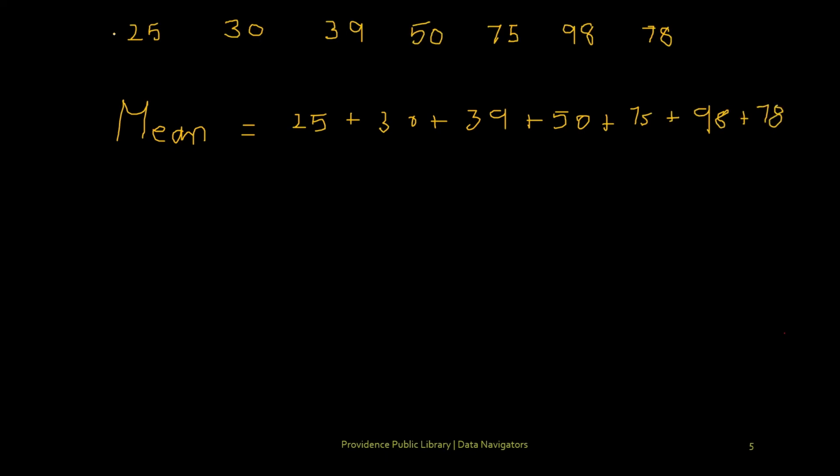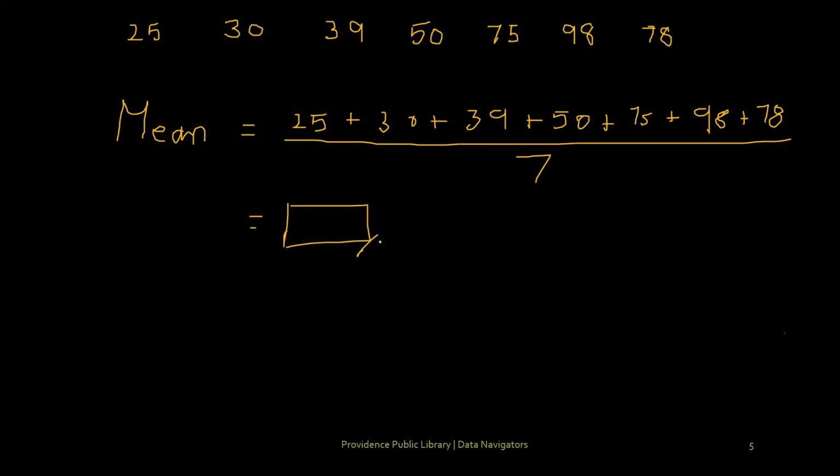So we add all the data points and then we divide by the number of data points, 1, 2, 3, 4, 5, 6, 7. So we add all of them and then we divide by 7, and whatever the result that we get, that is the mean. If you closely examine this one, this is nothing but the average, correct?